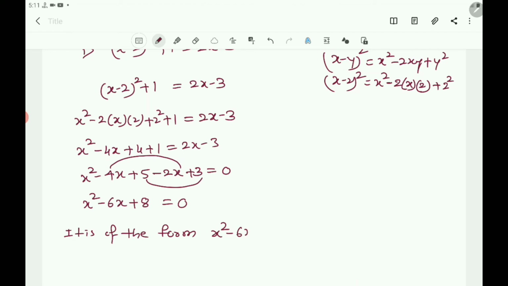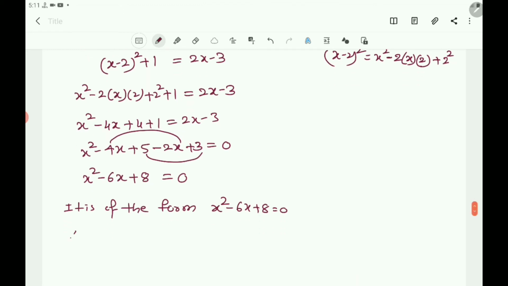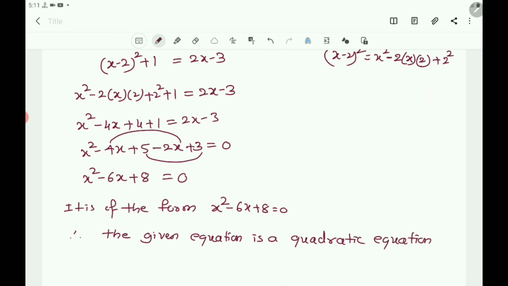Therefore, you can write that the given equation is a quadratic equation.